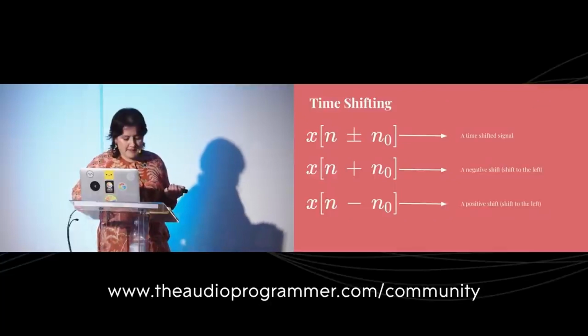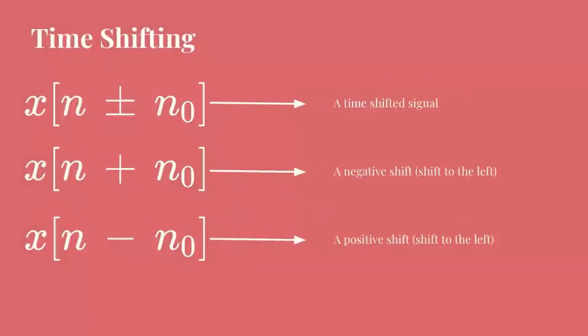Next, we're going to look at some basic signal operations. First, we're going to look at time shifting. This is nothing but adding a shift in the positive or negative direction to a signal.